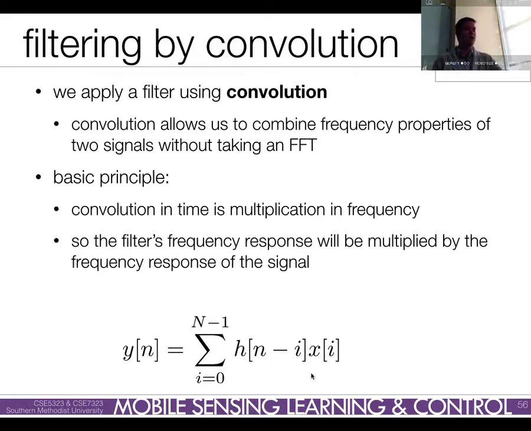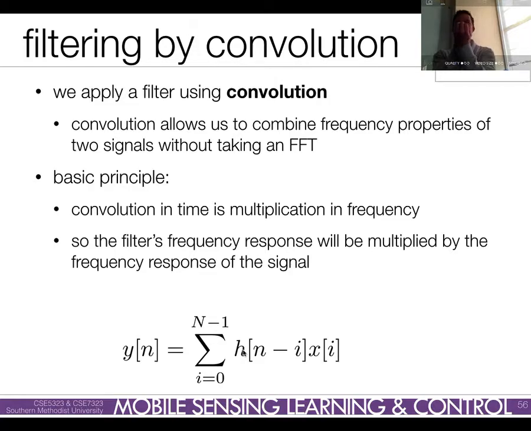Essentially, what it says is your output signal at the value n is equal to x, your input signal, and your filter in the time domain, multiplied together point by point over a window. If I want the nth output, I'm going to take my filter, reverse it in time, do a point-by-point multiplication with my signal, and add up the result.